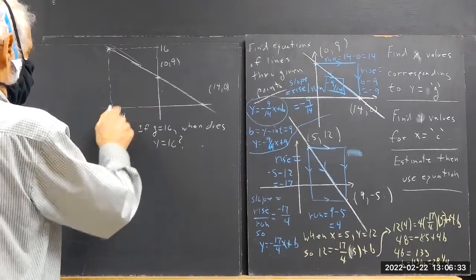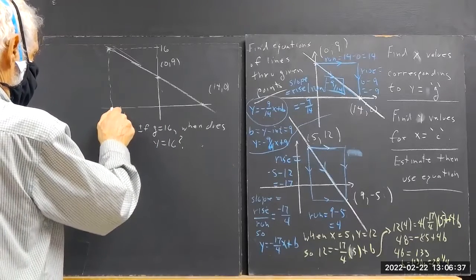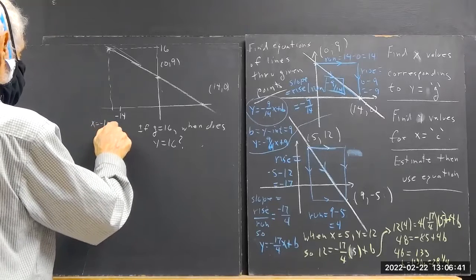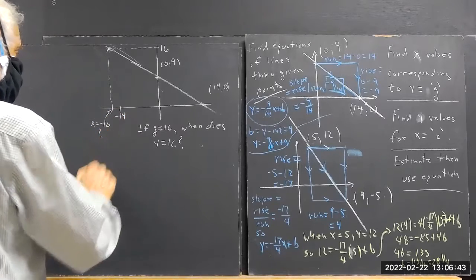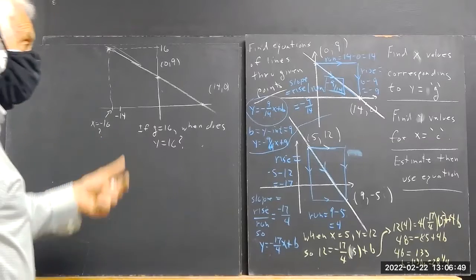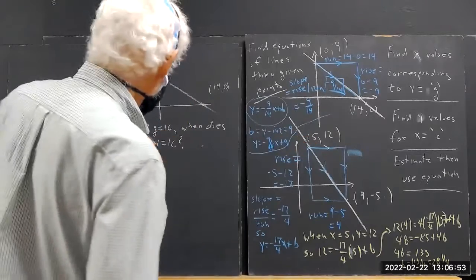And so if this is negative 14, well, my darn, that looks like it's probably maybe negative 16. Okay. Well, let's see if that's correct. We want to do this by estimating. There's our estimate.